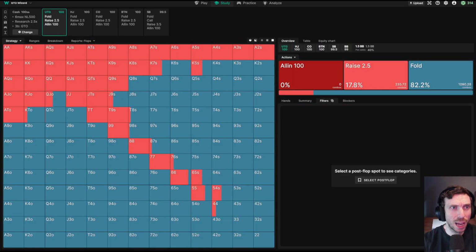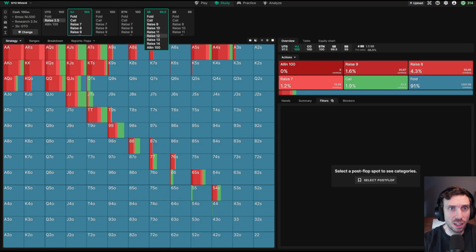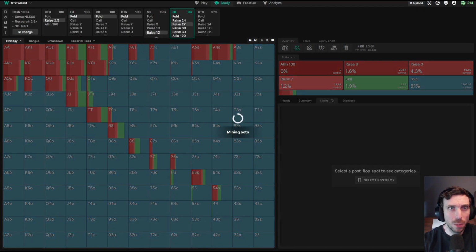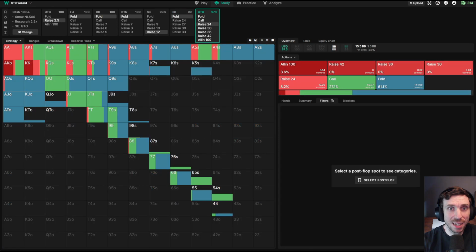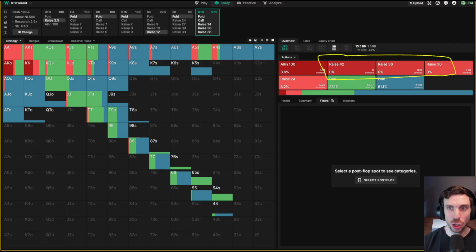If I look at under the gun, you can see it lists a lot of different sizings for 3-betting, and then under the gun has all of these different sizings for 4-betting. And you can see that when you give the solver a bunch of different sizings here, it's not going to choose anything other than 24.